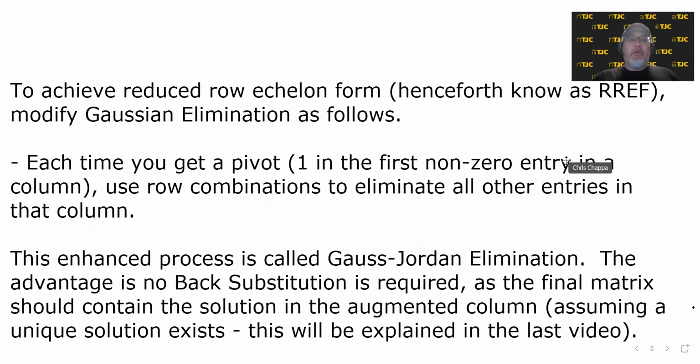Now, to achieve reduced row echelon form, henceforth known as RREF. So later in this video and in future videos, I will refer to reduced row echelon form as RREF.